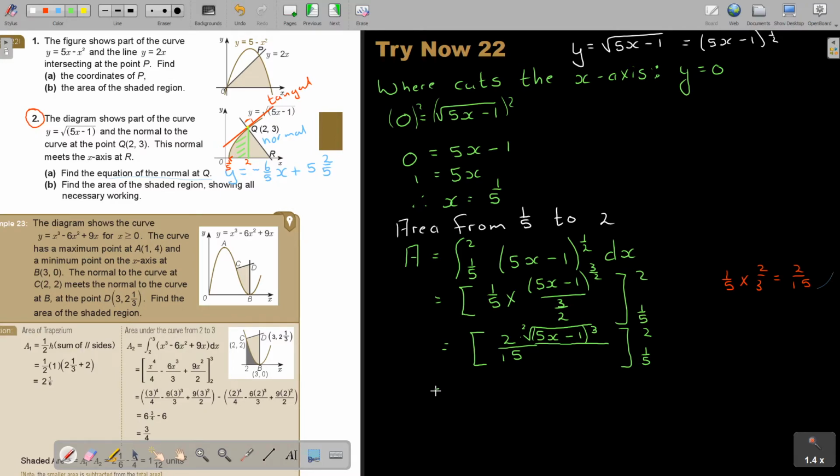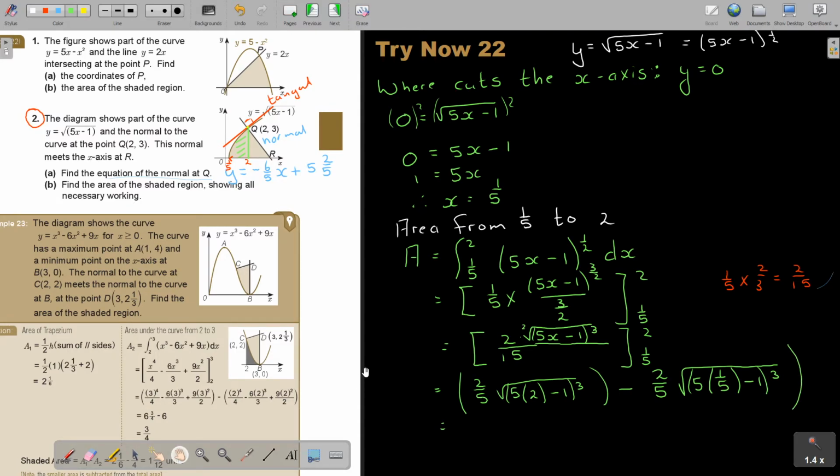And now I'm going to just start with the substitution. So it's going to be 2 over 15, and in the place of x I put 2: 5 times 2 minus 1, and that's to the power of 3, minus 2 over 15, and in the place of x I put 1 over 5: 5 times 1 over 5 minus 1, and that's to the power of 3.